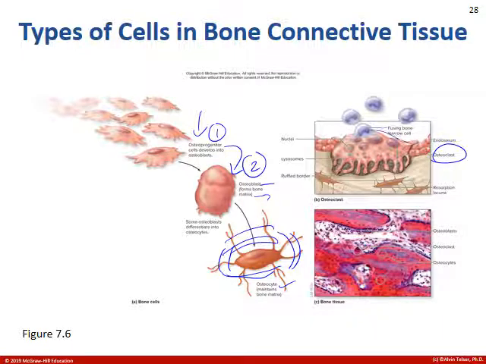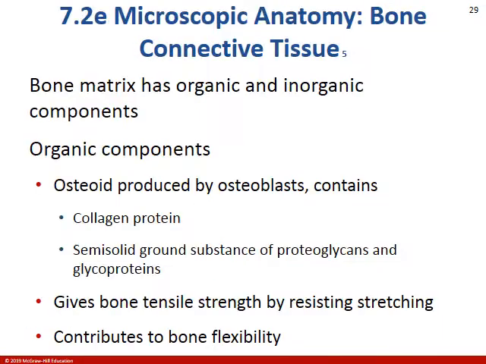You can see that it's a really large group of cells, fused cells. You can see all the nuclei here, and you can see that the surface area of the osteoclast comes into contact with quite a lot of bone, so it can break down bone pretty easily with the digestive enzymes that are inside the osteoclast. So within the bone matrix, we have organic and inorganic components.